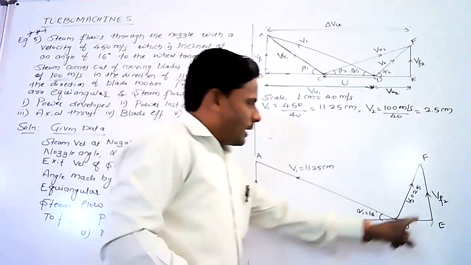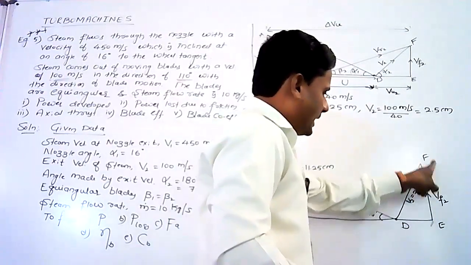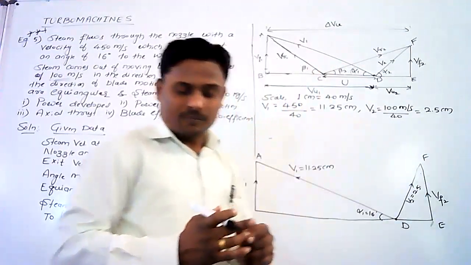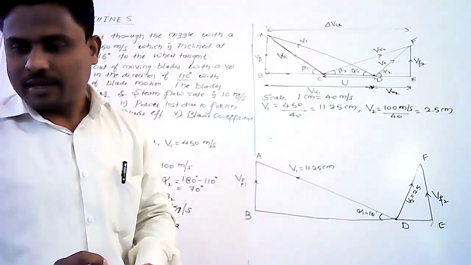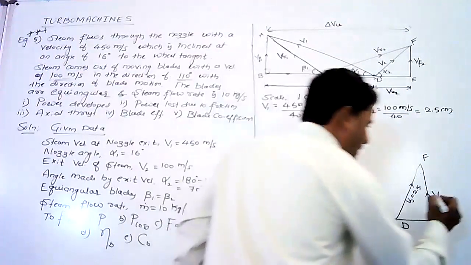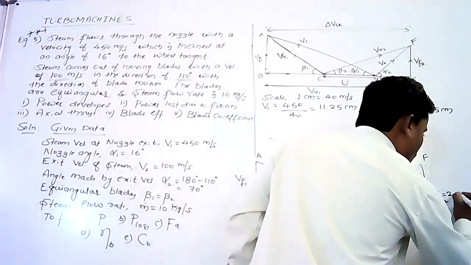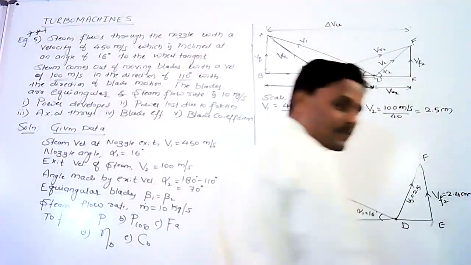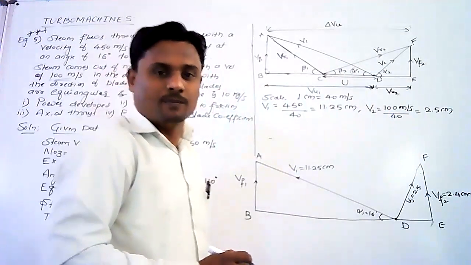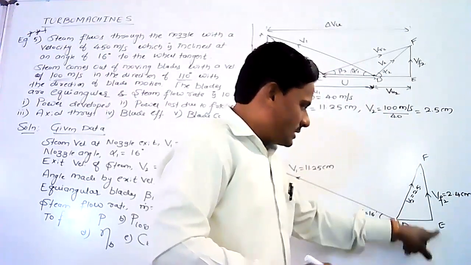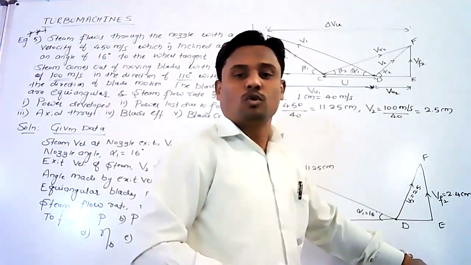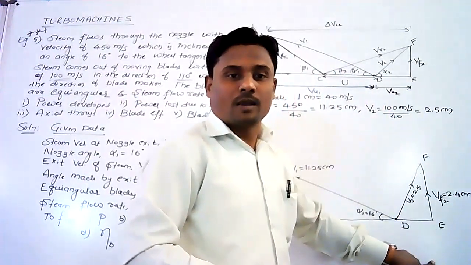Measure the length of EF. The length of EF, or VF2, is around 2.4 centimeters. Now exactly below this point, extend this line up to 2.4 centimeters.